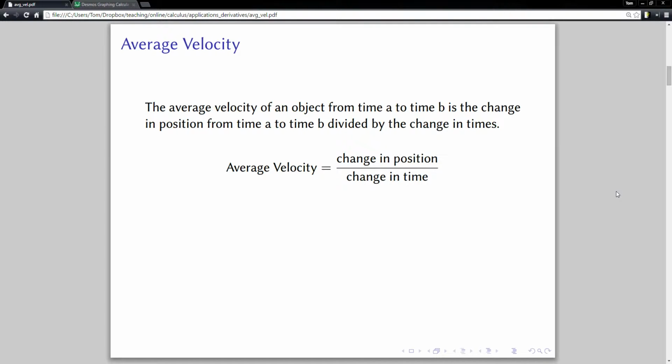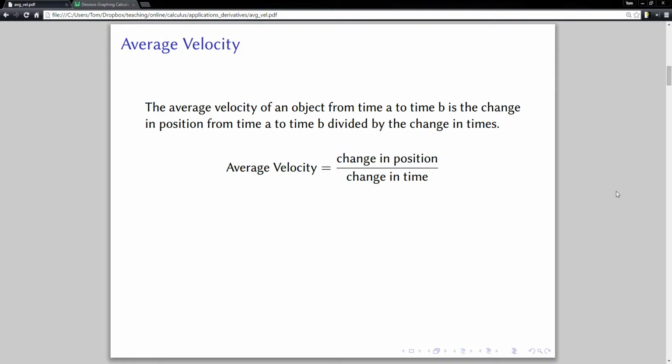For instance, say you told somebody, I drove 120 miles down the interstate and it took me 2 hours. So your change in position would be 120, and your change in time would be 2 hours. 120 divided by 2 would be 60, so your average velocity would be 60 miles per hour in that case.